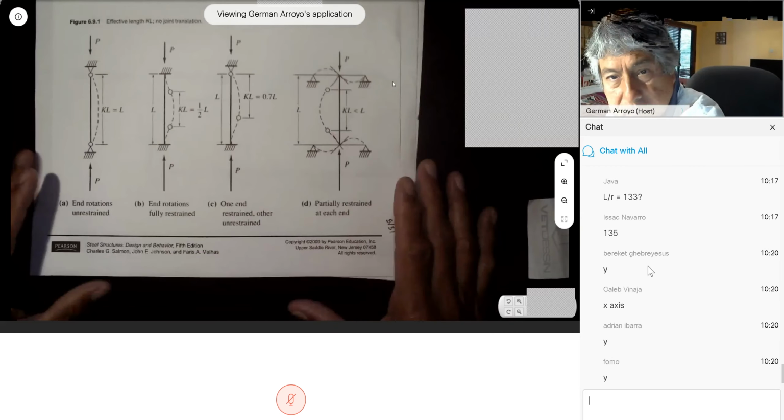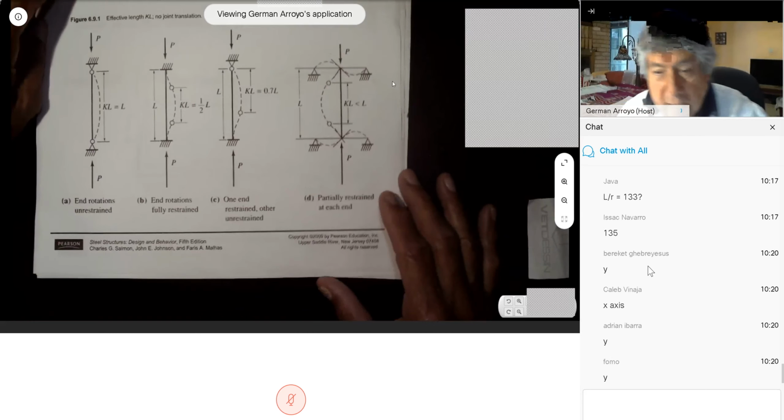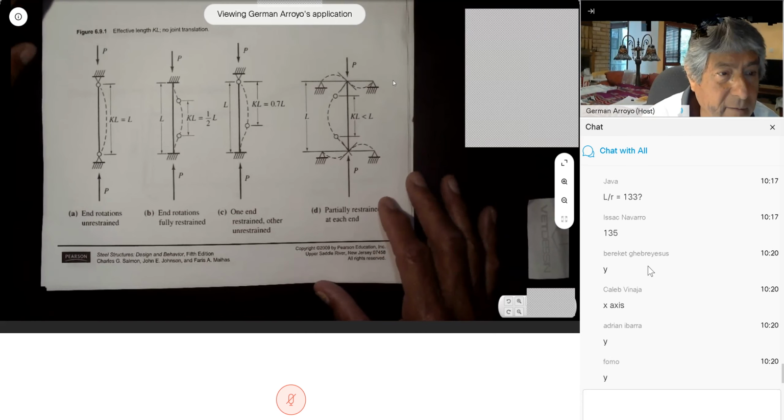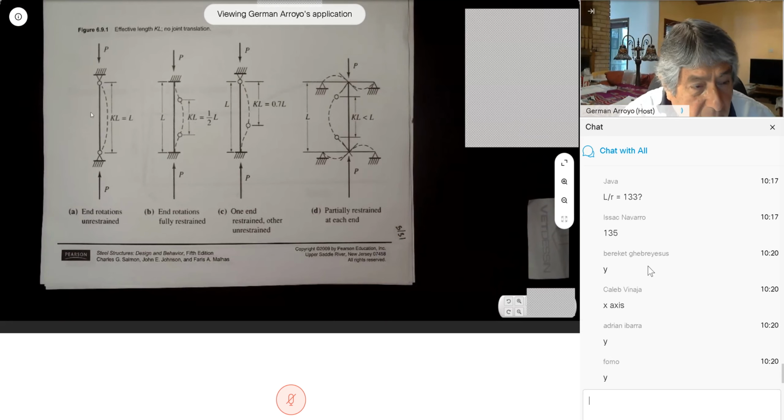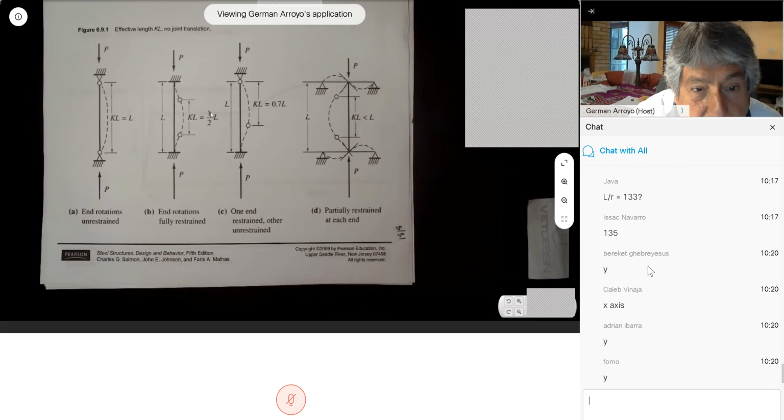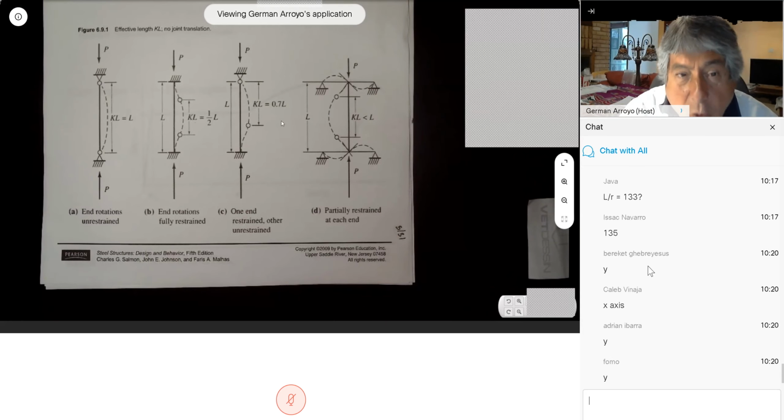This is page number 5. In page number 5, this is the same as what the code has, just without any information. Now that we have information, we know that these are the theoretical values that the code recommends.